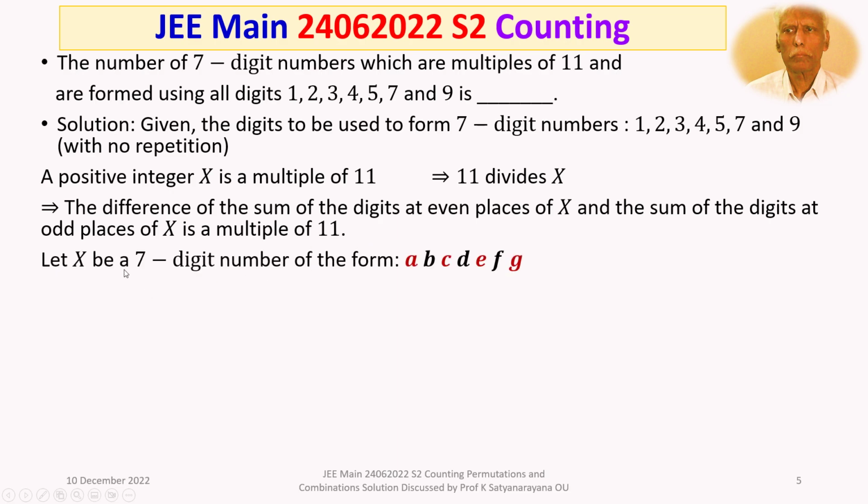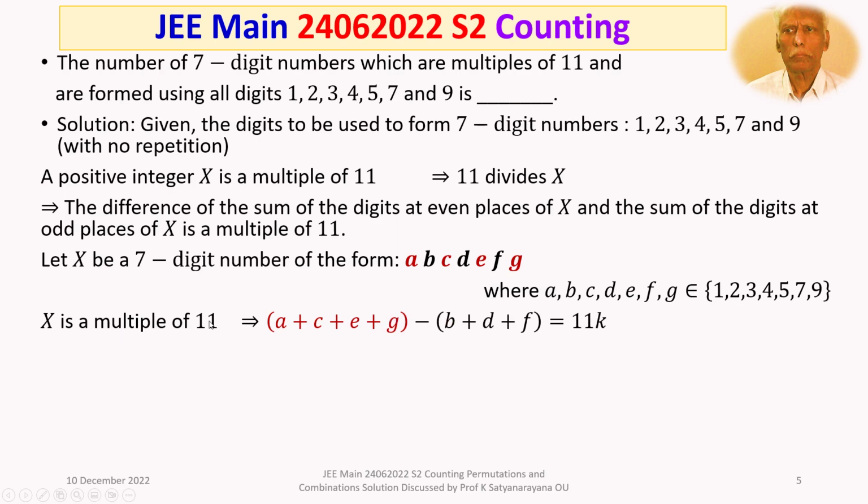Let X be a 7-digit number of the form A, B, C, D, E, F, G. A, C, E, G are the digits at the odd places of X. B, D, F are the digits at even places of X, where A, B, C, D, E, F, G belong to the set consisting of 1, 2, 3, 4, 5, 7, 9.